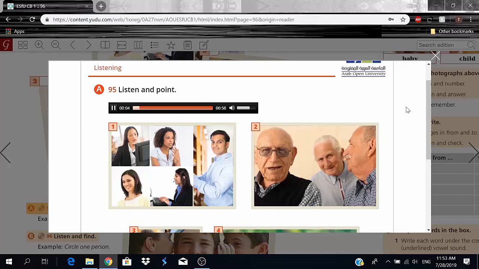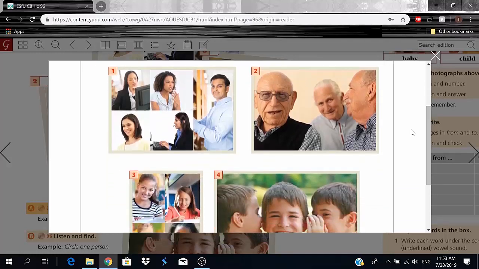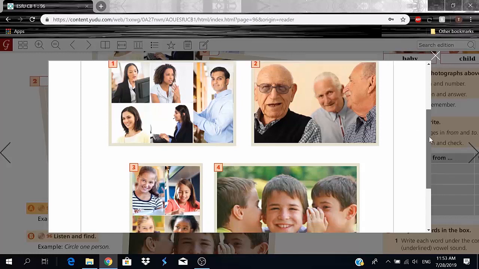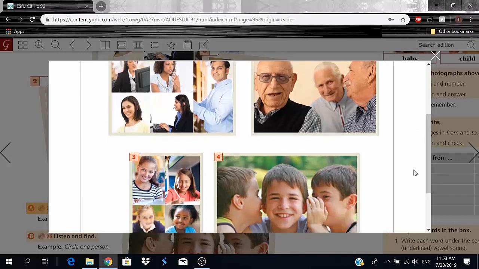95. Unit 6. Culture and Civilization. Lesson 1. Listening. Exercise A. Listen and point. A man, a woman, a boy, a girl, a child, an adult, a female person, a male person, an old person, a young person.